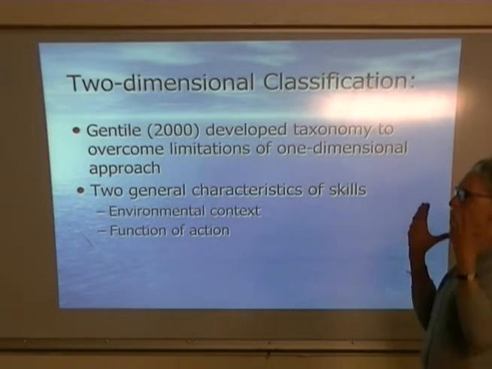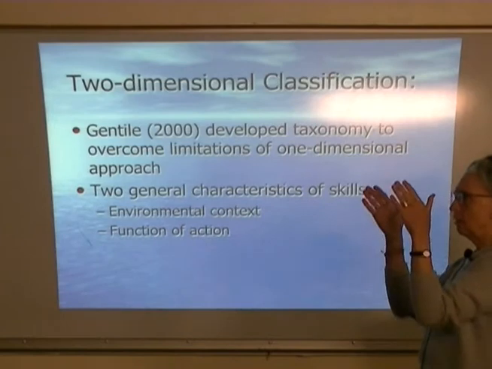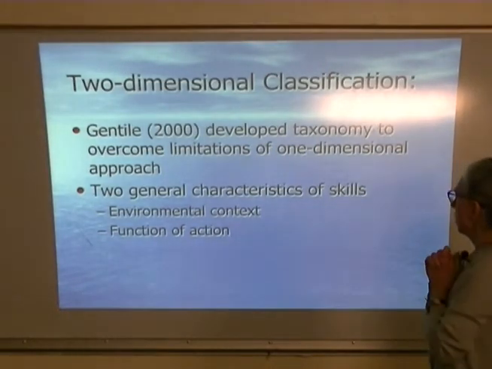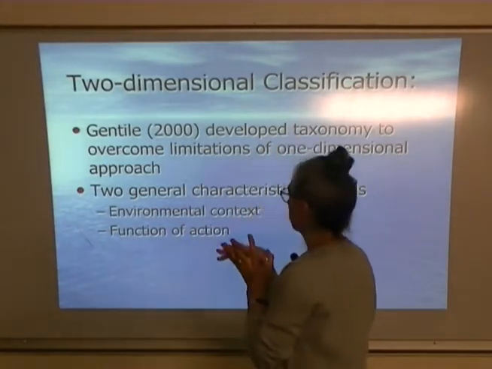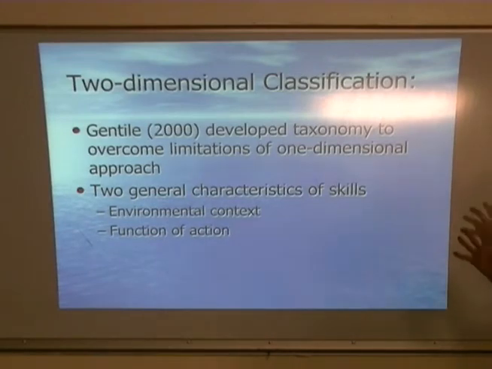There were too many movement skills that wouldn't cleanly be diagnosed as one or the other. And so she decided to create a two-dimensional classification system that utilized elements of the one-dimensional classification, but then expanded them.